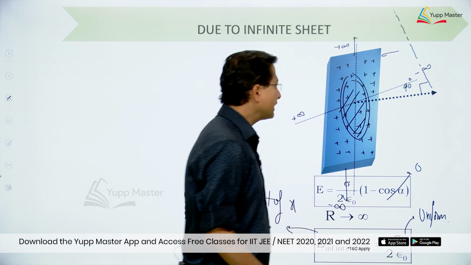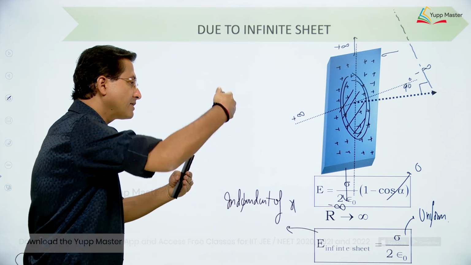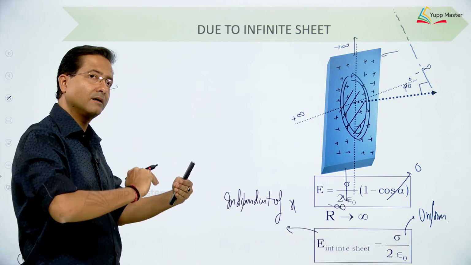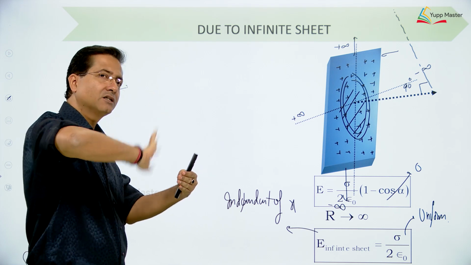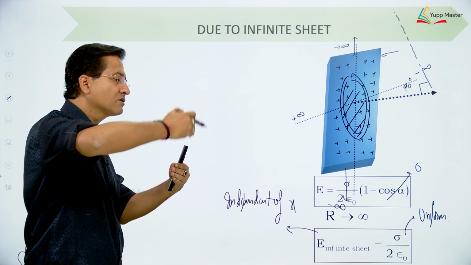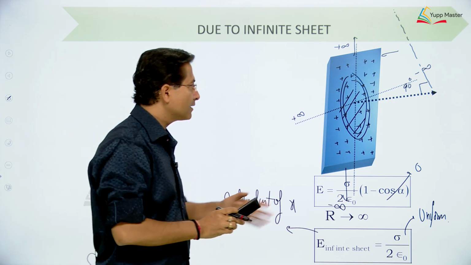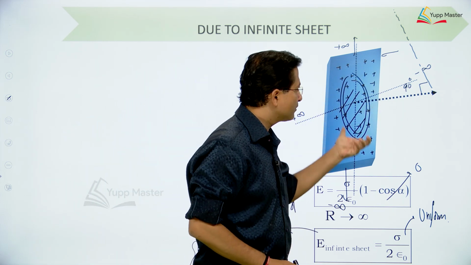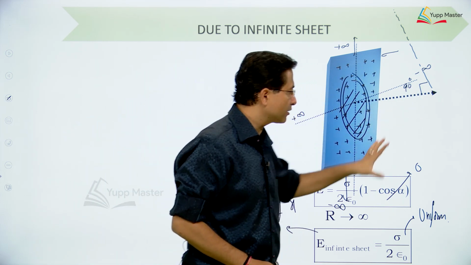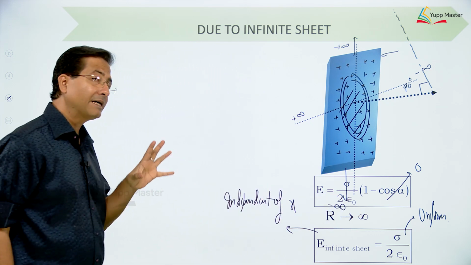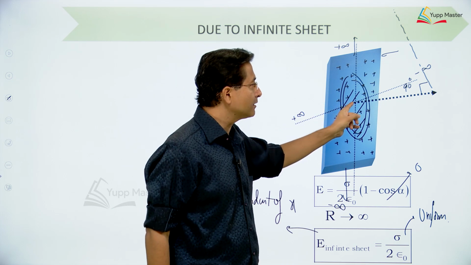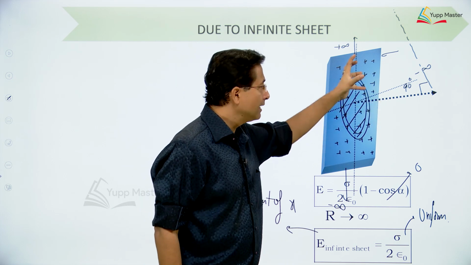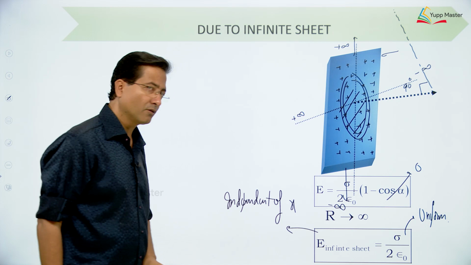Keep in mind that we have distributed charge only on one side, not on both sides. If charge is distributed on both sides, then we have to add the contribution of charge on this side also. So charge is only on one side and we are getting the field produced by this side of charge at this particular point, which is coming independent of x. So irrespective of whether you are at 2 centimeter, 3 centimeter or 4 centimeter, everywhere the field will be uniform.